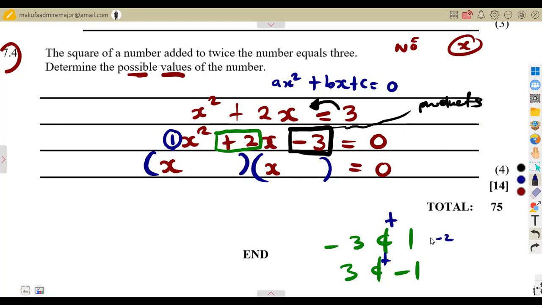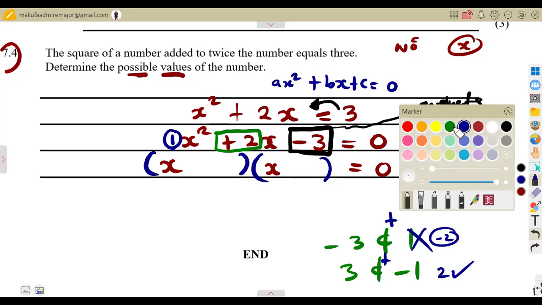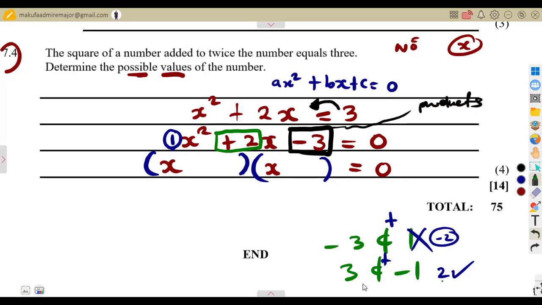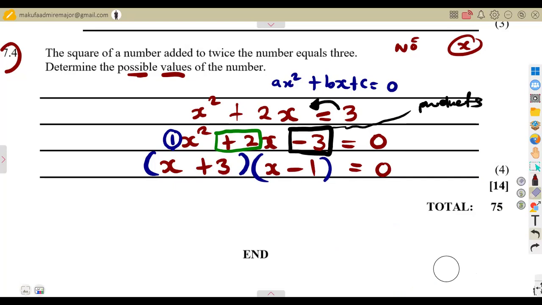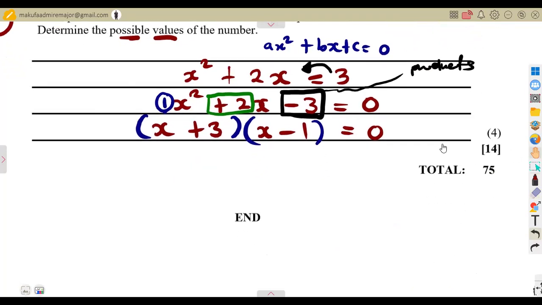This one is going to give us a -2, so it's out. If we add this, it's going to be a positive 2. So this is the one that we want, which gives us a positive 2 when we add. But from the products, it must be from the products. So that's +3 -1.